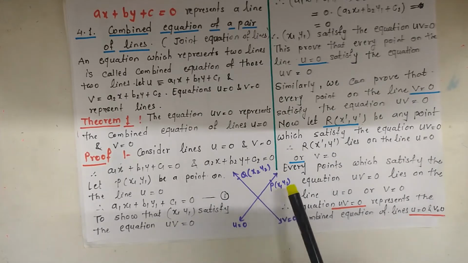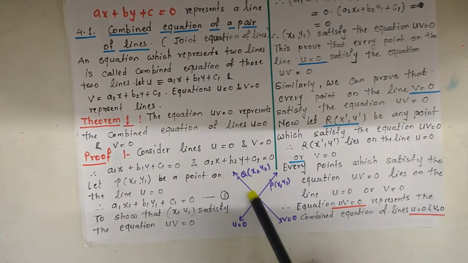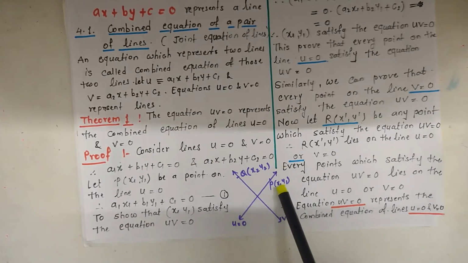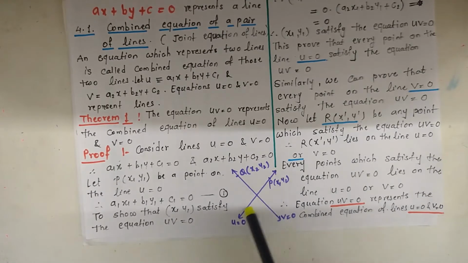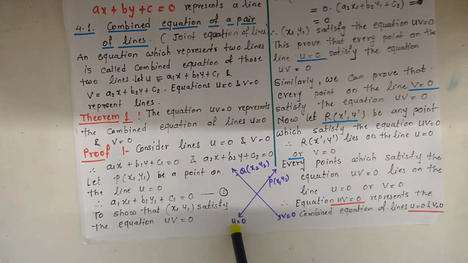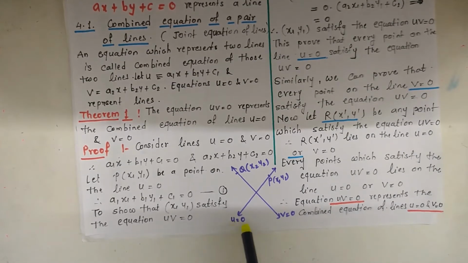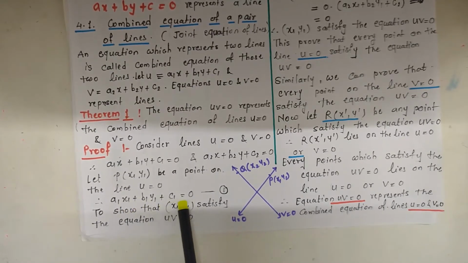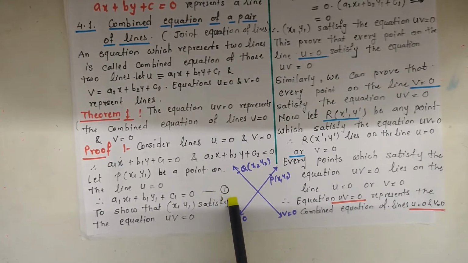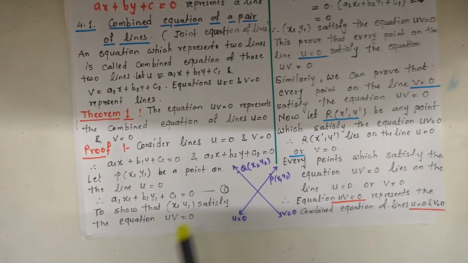Suppose u and v are two intersecting lines, and suppose P(x1, y1) be any point on the first line u = 0. Then the coordinates of this point satisfy the equation of the first line u = 0. So we can write a1x1 + b1y1 + c1 = 0, say equation 1.